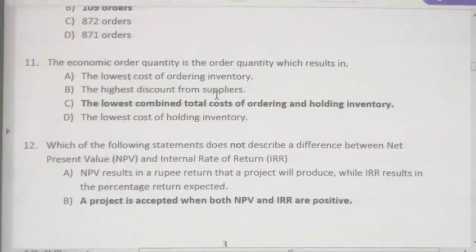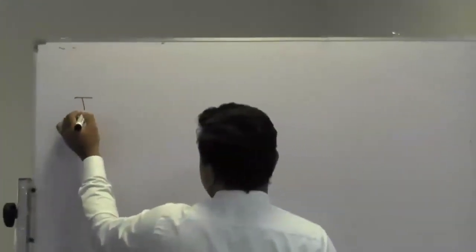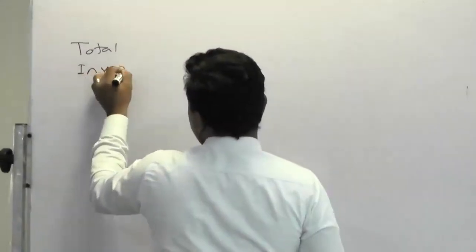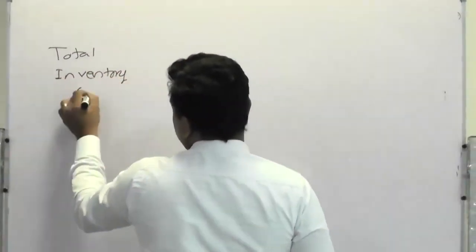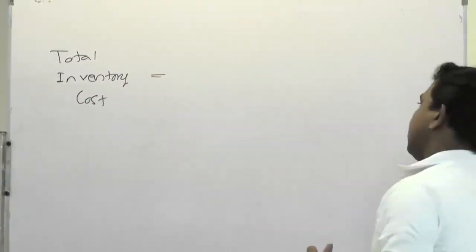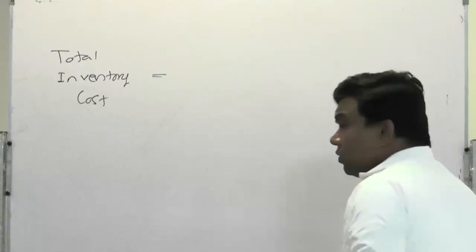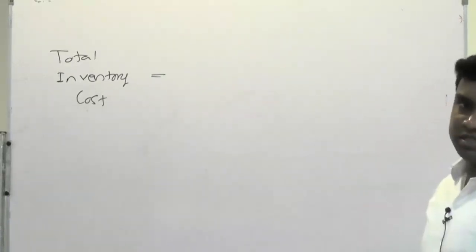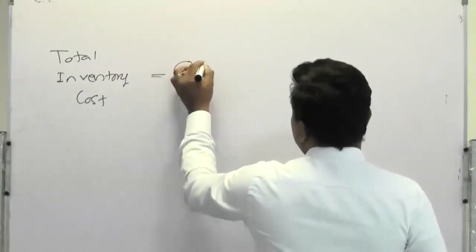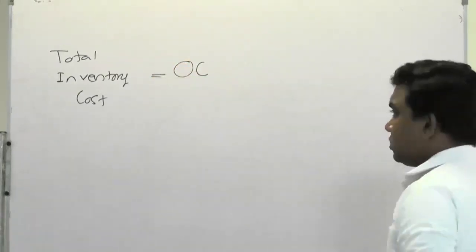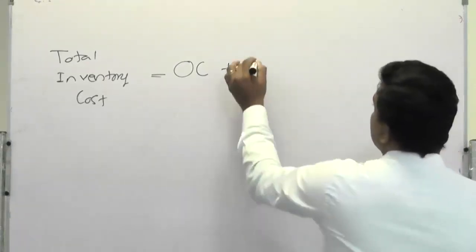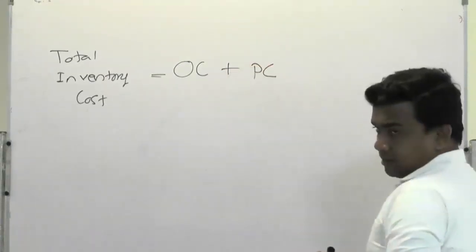Right. Total inventory cost consists of 4 items. How does inventory come into the business? First, you need to order, therefore order cost: total order cost per annum. Then you need to buy it: total purchase cost per annum.